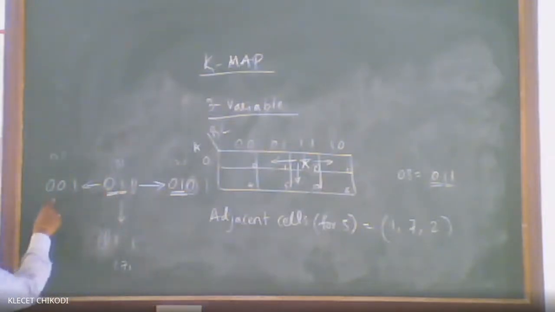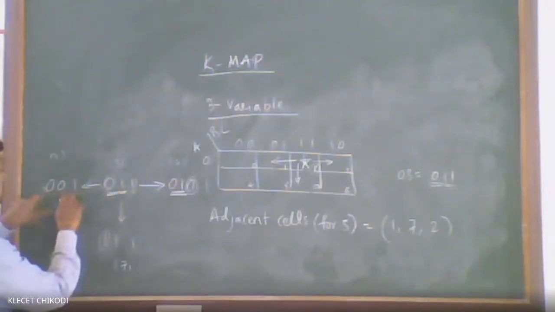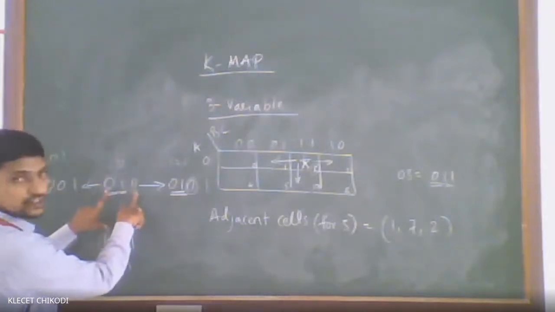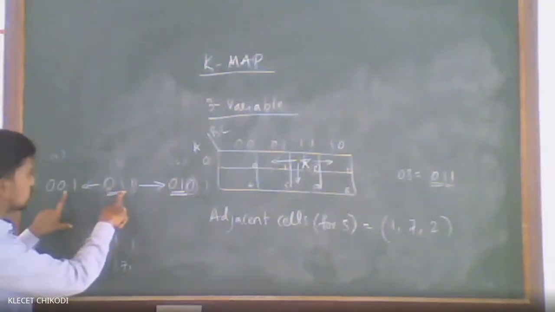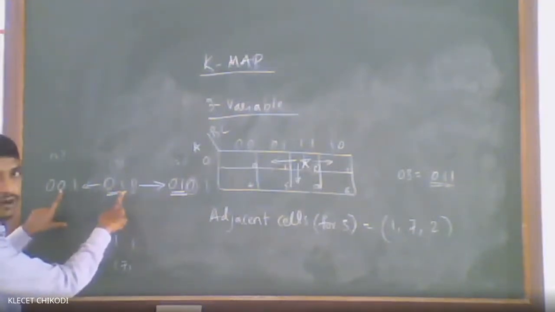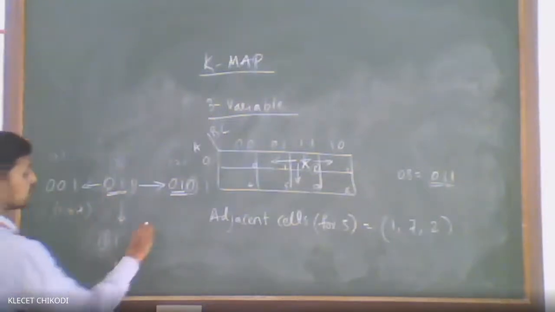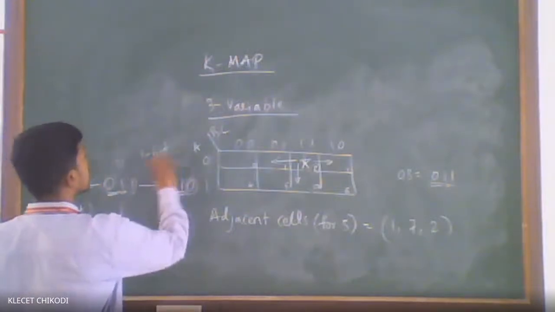Similarly, here also, 0 1 1 and 0 0 1. The first and last bits remain the same, and only the middle bit is changing, 1 to 0. So that's why we say it differs by one bit. Here also it differs by one bit.